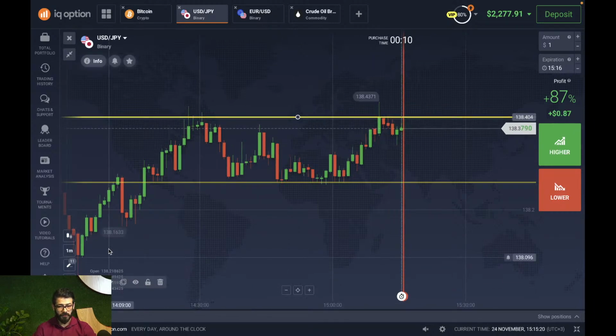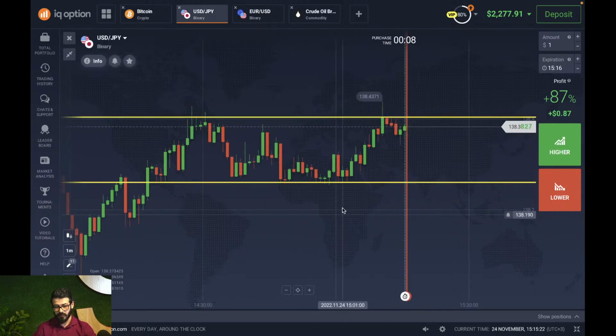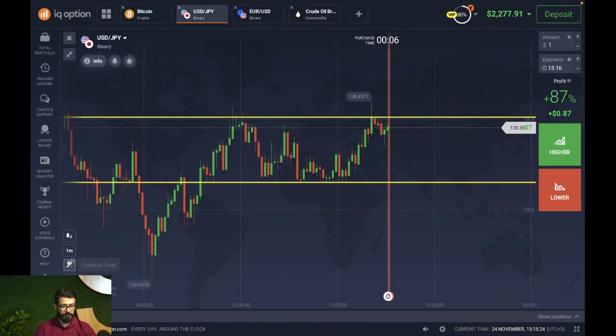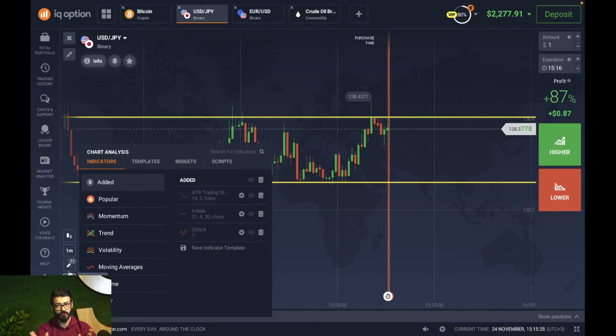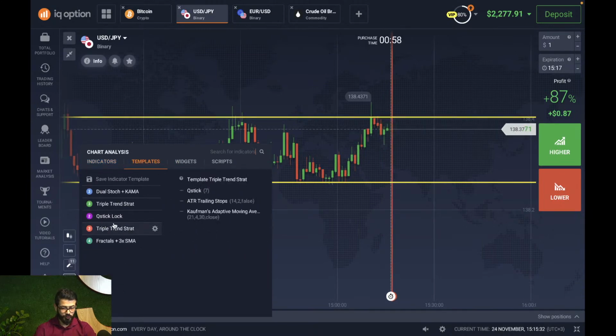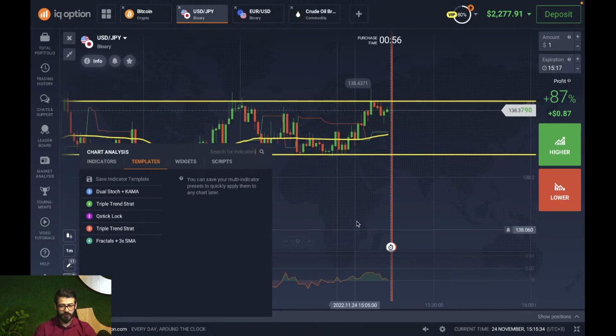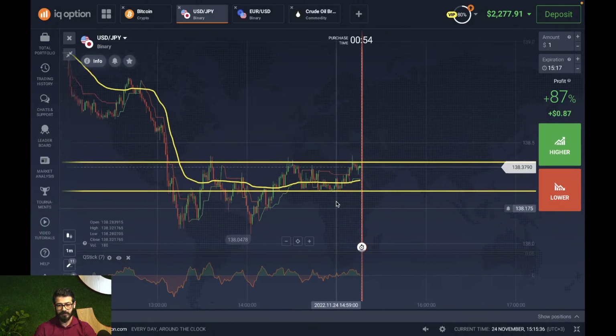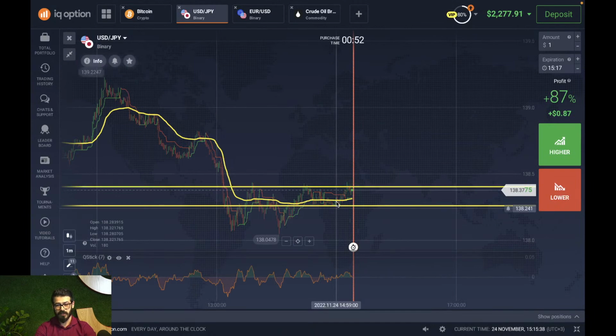So if at some point it breaks out and you see that the trend is happening, you can probably have your indicator set up already, your strategy already set. You can go to templates, triple trend strategy, click on it, enable it, and then boom, we immediately have our strategy to look at.